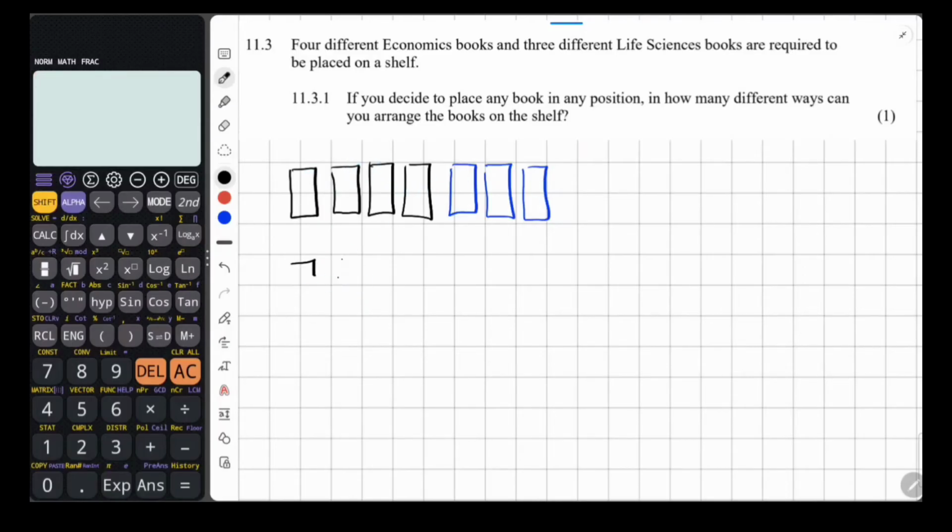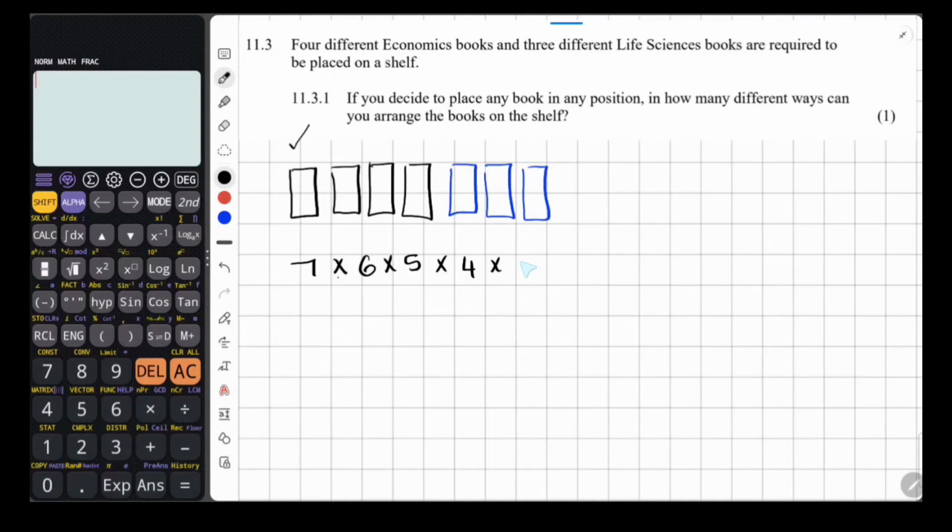So that's 7. Then multiply by, once the first book has been placed, wherever it's been placed, the second book has 6 more positions to be placed, because the first book has already been placed down. So the second book has 6 available spots to sit in. So that's times 6. Third book has 5 available spots. The fourth book, 4 available spots.